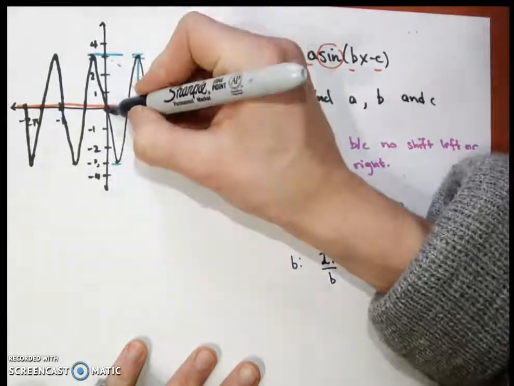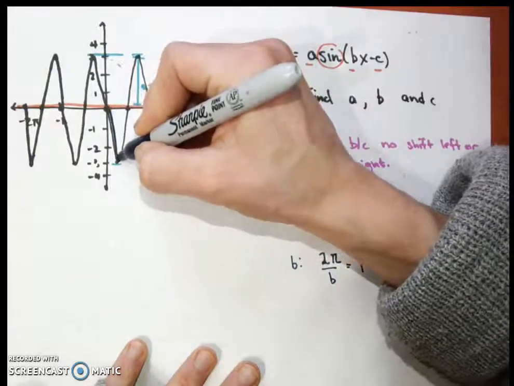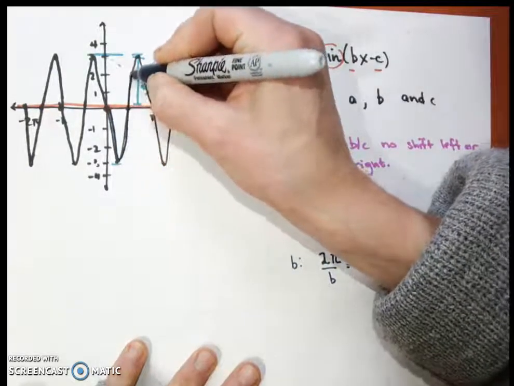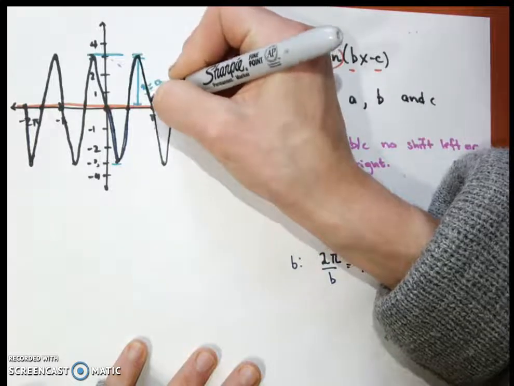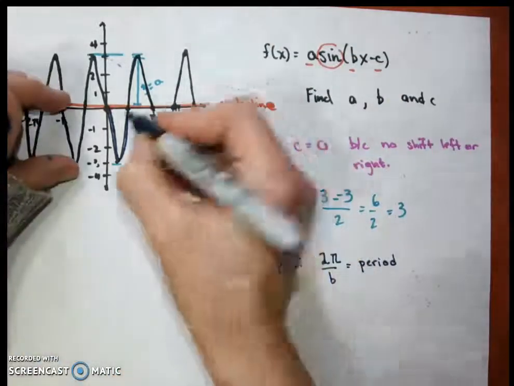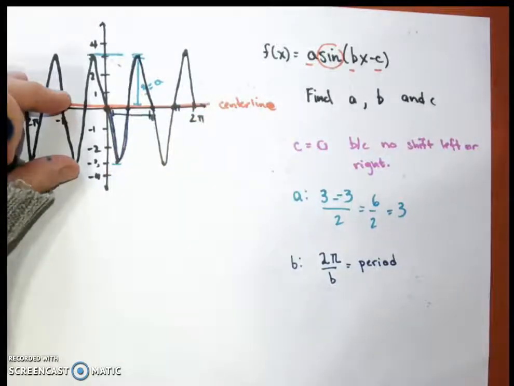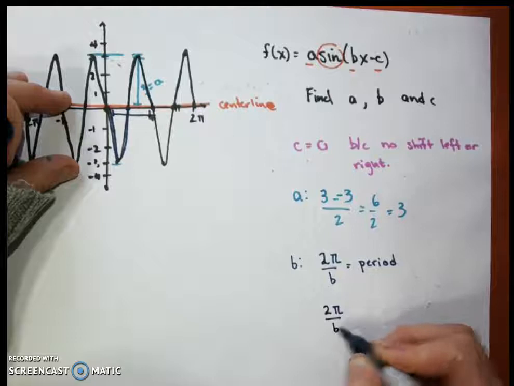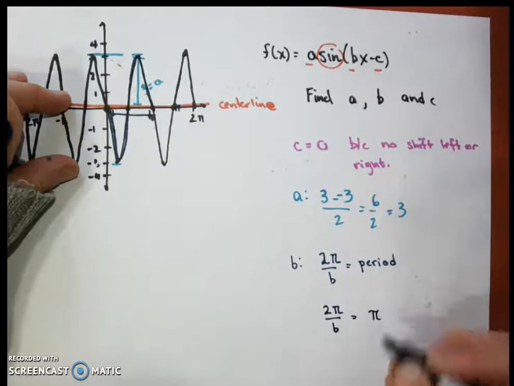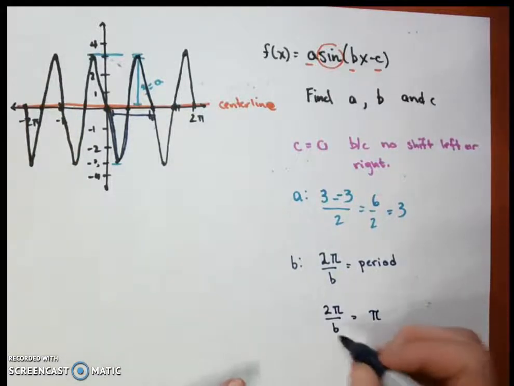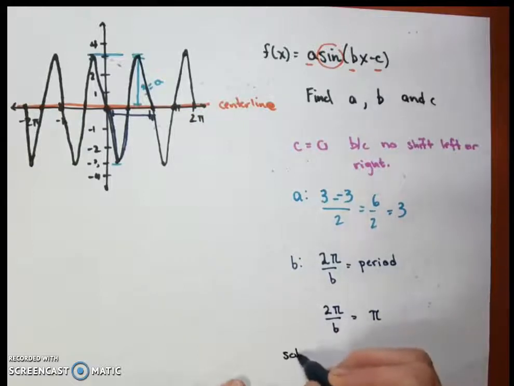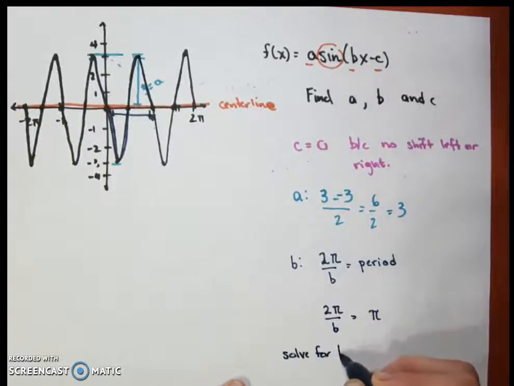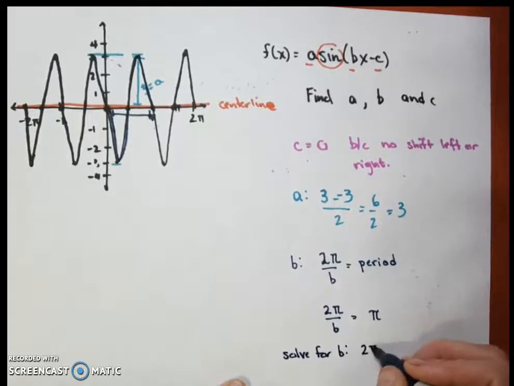So if we start here, we start out going down, then we go up, then we come back down and start over. So the period is pi. So 2 pi over b equals pi because the period is pi. And now I just solve for b. So I get 2 pi by cross multiplying equals pi times b, which means that b equals 2.